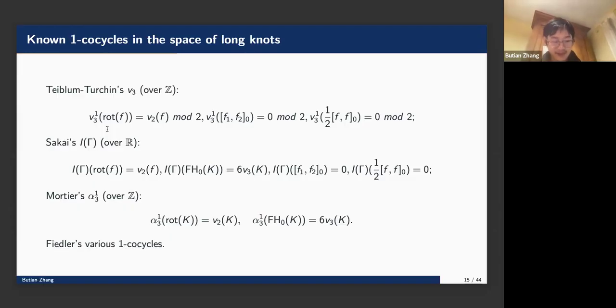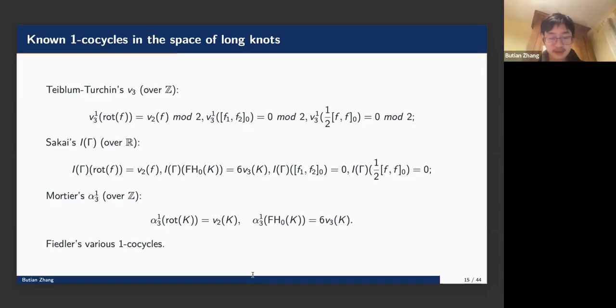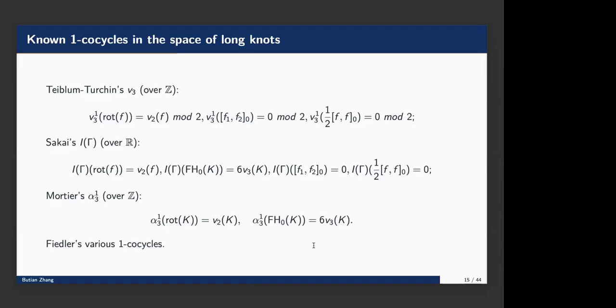Thomas Fiedler, yes. Oh, may I ask you? I would like to ask one thing. Here, you introduced three kinds of one cocycles, right? But you just mentioned the values on three kinds of loops, the rotation, Fox-Hatcher loop and bracket loop, right?